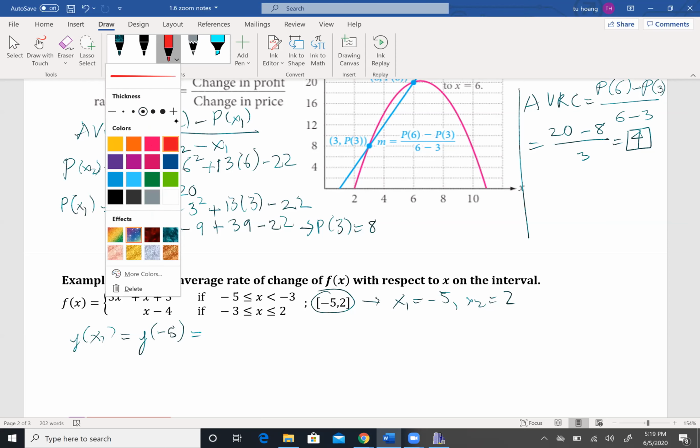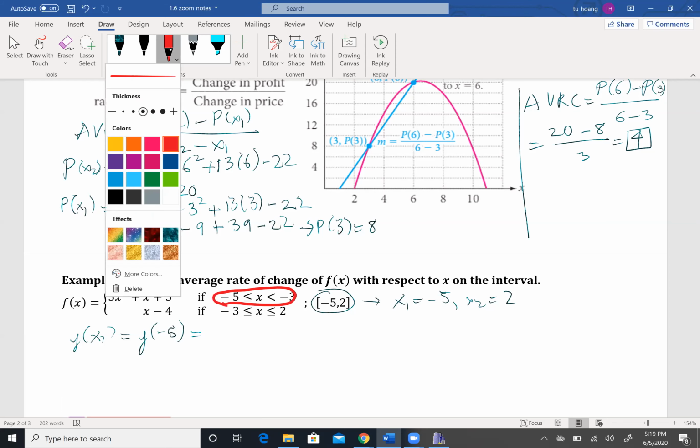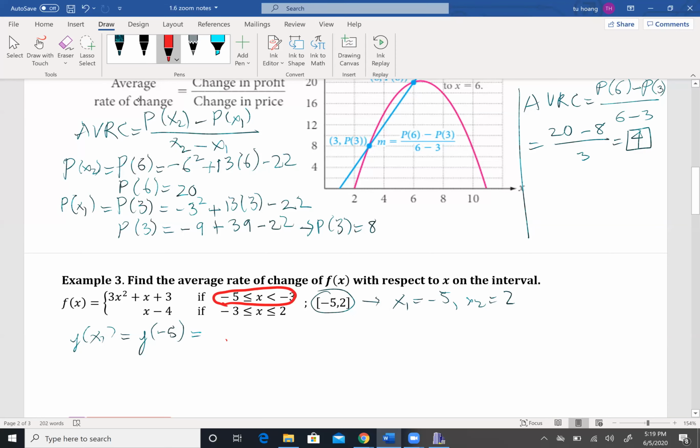So you have to check both of these parts, which part includes the -5. I noted that the first one here is the one you may think about, because you have -5 here, right? And then you're just going to plug into the first part of f(x).